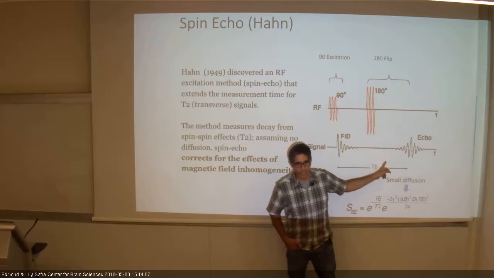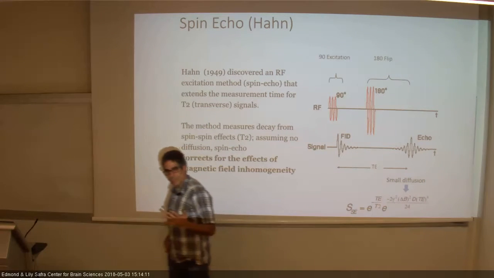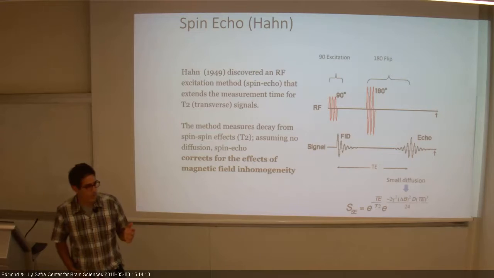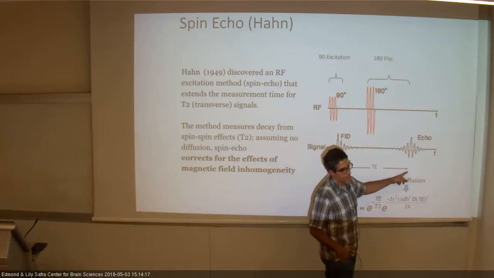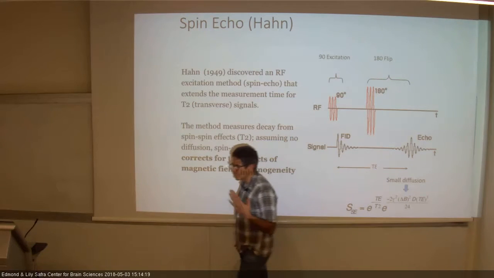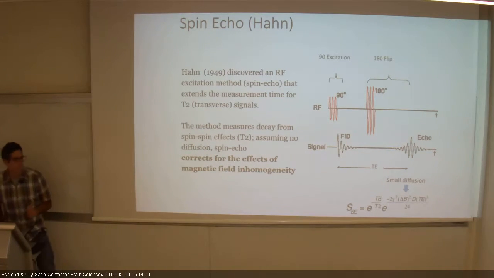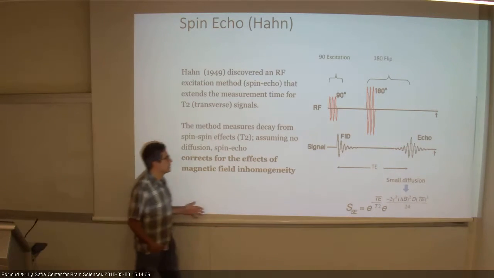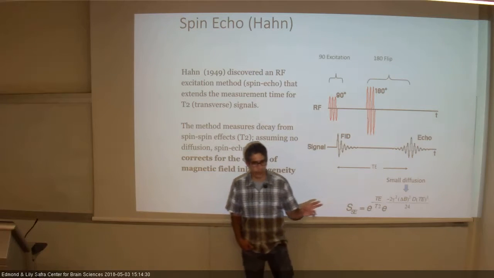The signal suddenly comes up and goes down. And so there is an echo. The time between those two things is called TE, time of echo, and this sequence is called spin echo. There is a signal equation for it, which we can show is only sensitive to T2.